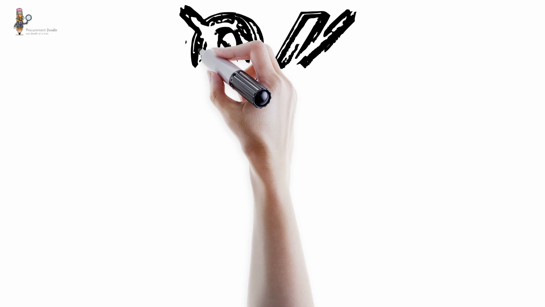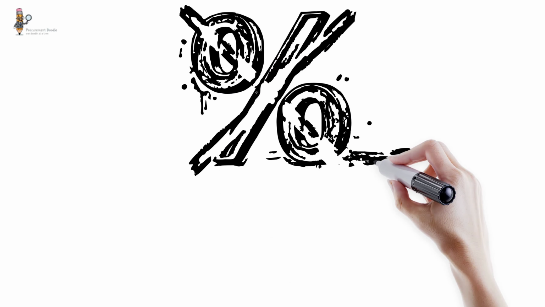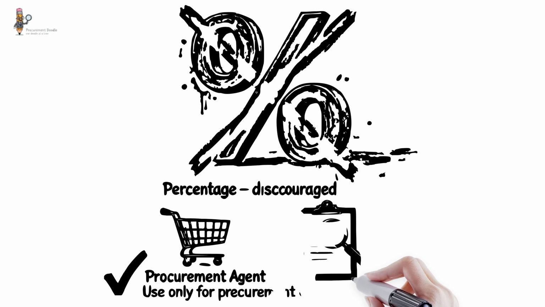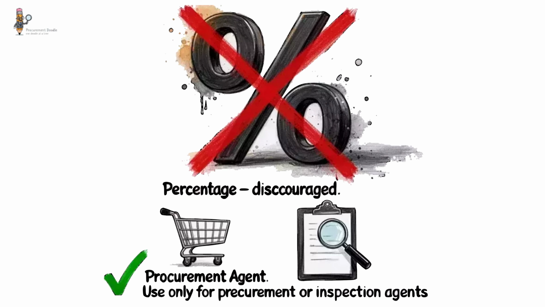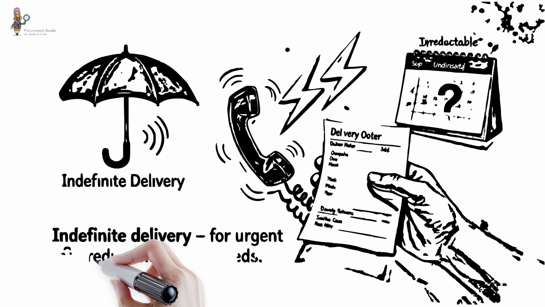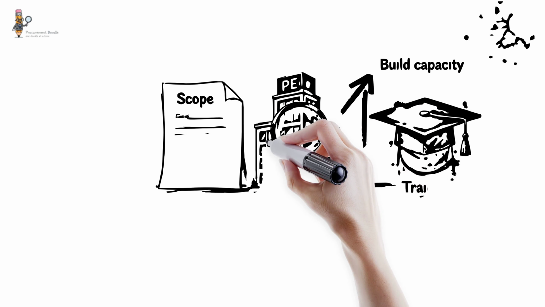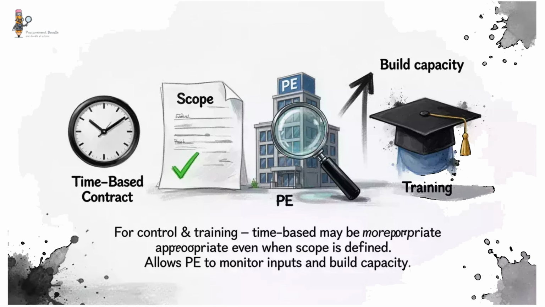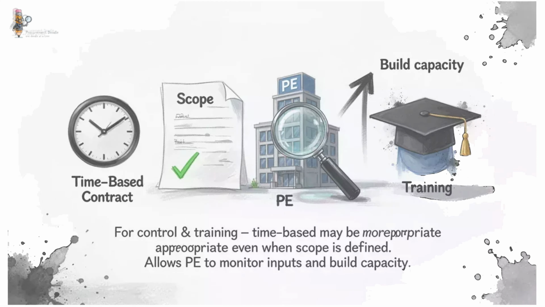Percentage is discouraged, use only for procurement or inspection agents. Indefinite delivery is for urgent or unpredictable on-call needs. For control and training purposes, a time-based contract may be more appropriate even when the scope is defined because it allows the PE to monitor inputs and build capacity.